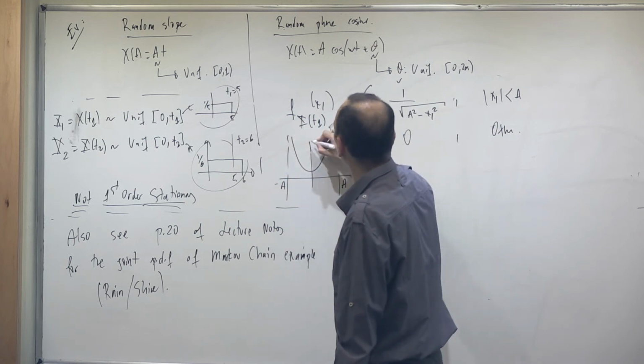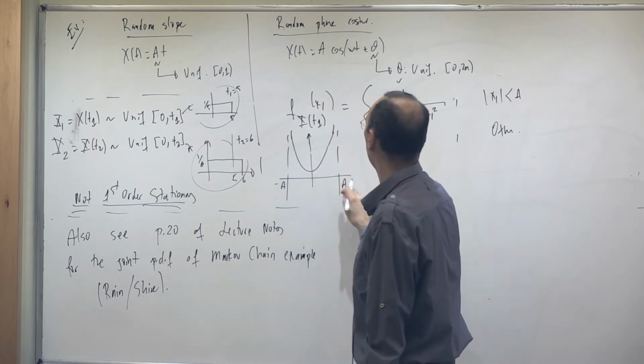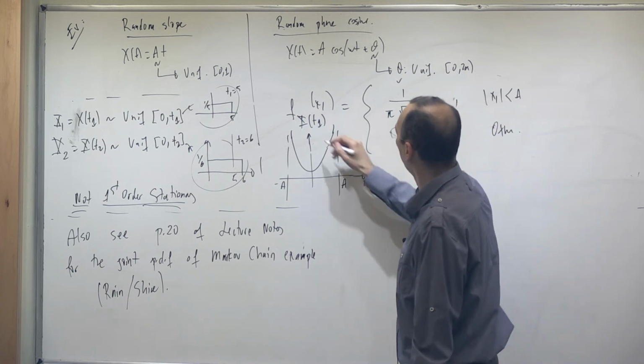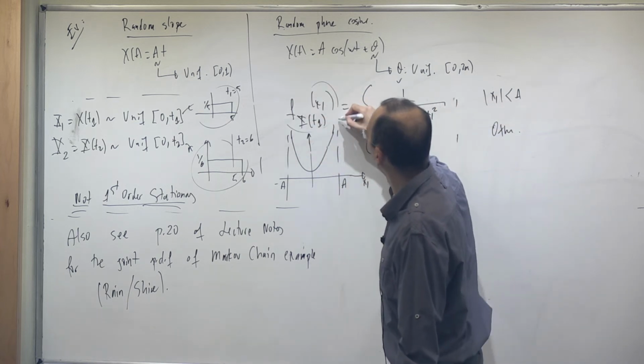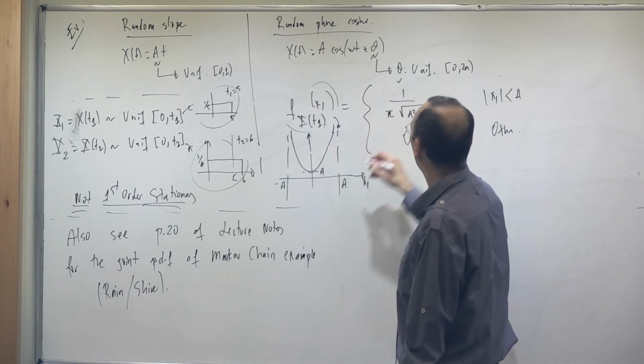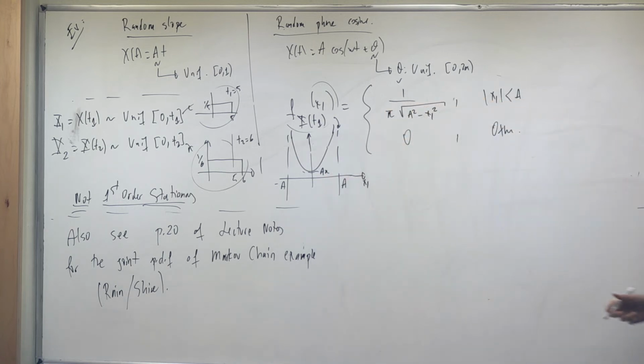It has singularities at x1 equal to a and minus a. This is the sketch. This value is 1 over pi times a. This is a. Something like that.